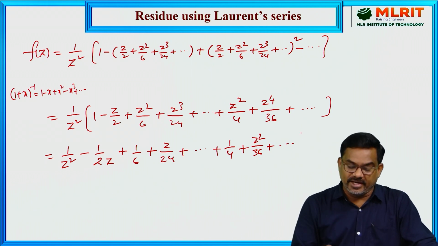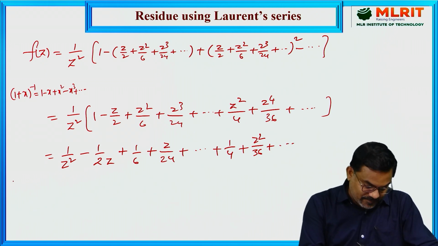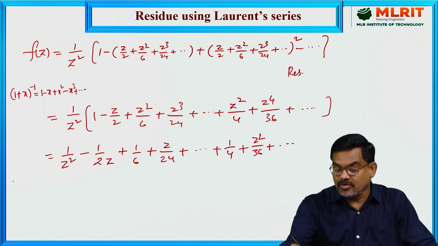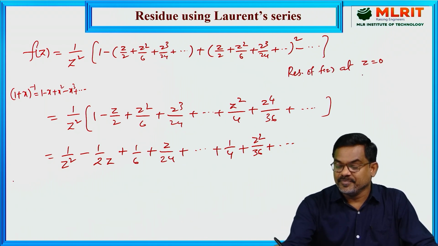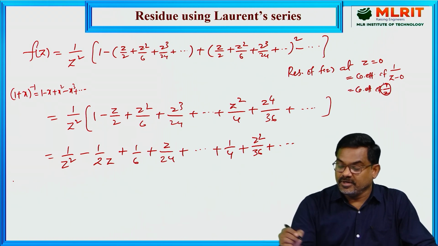Now we need the 1 by z term. Here we are calculating the residue of f at z equal to 0, which is the coefficient of 1 by z minus a, where a is 0 here. So we need to find the coefficient of 1 by z.